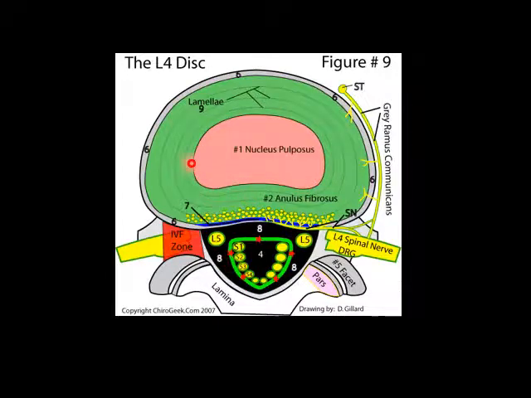So at each disc level, the nerve at the foramen takes the number of the vertebra above. The nerve in the lateral recess takes the number of the vertebra below. Okay? And of course, the thecal sac contains the other nerve roots that are waiting for exiting from the thecal sac.